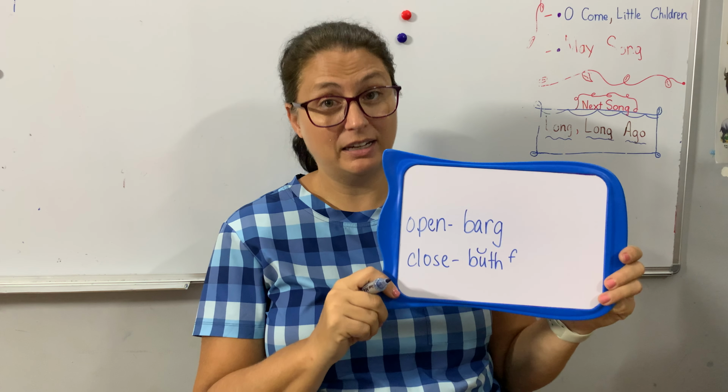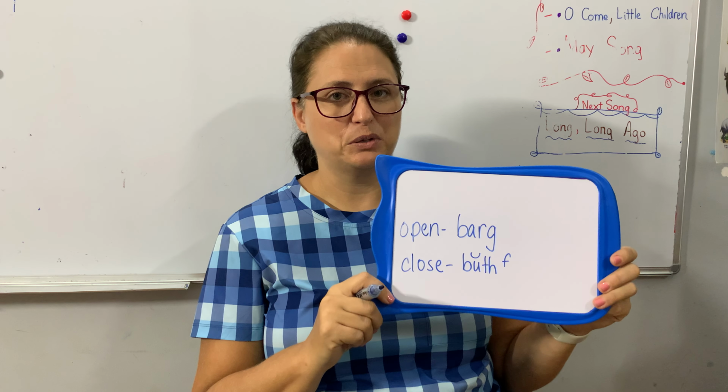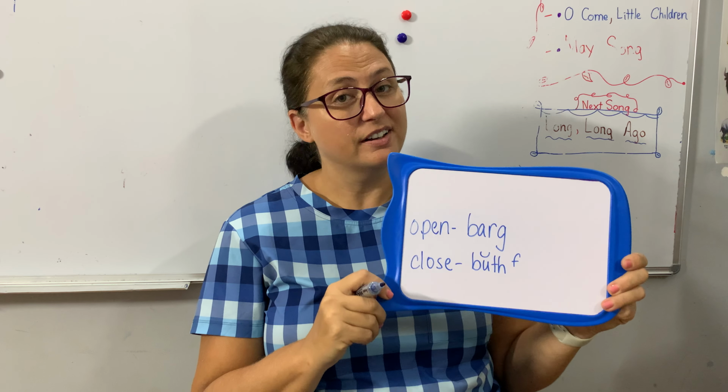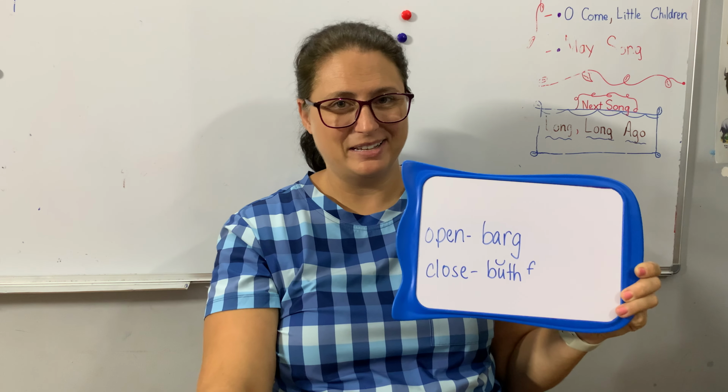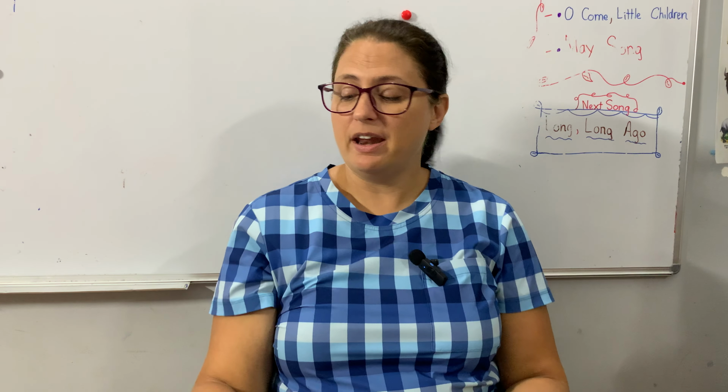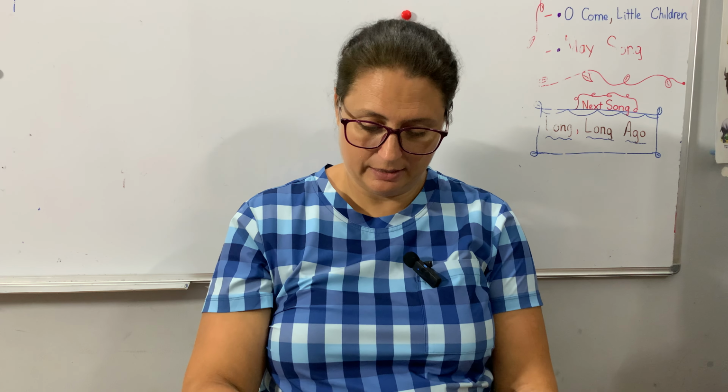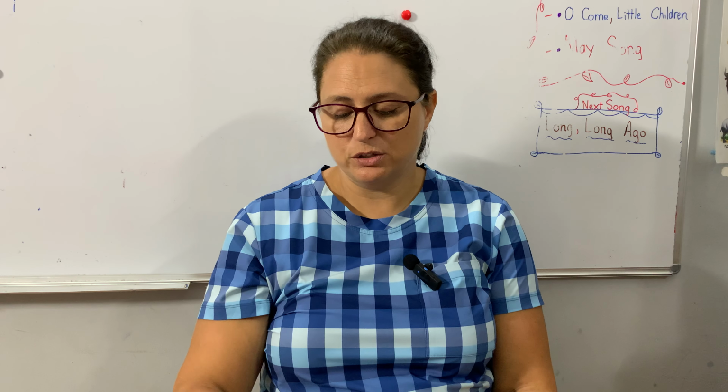So if you say a long A, that is also good. More of a sound is a little bit easier for you at the beginning. But it's actually a mix between the two. Open and close.